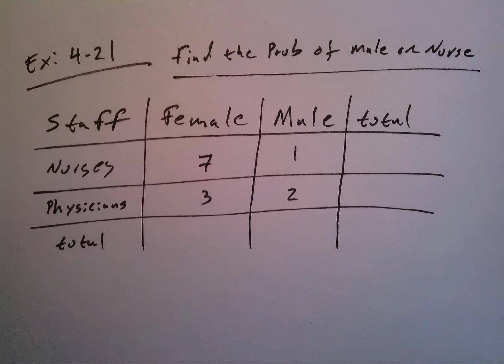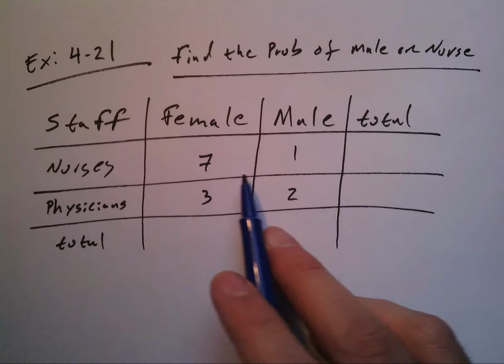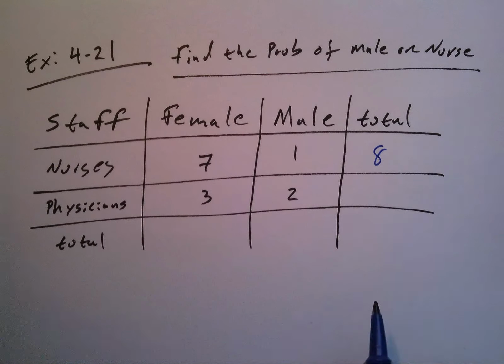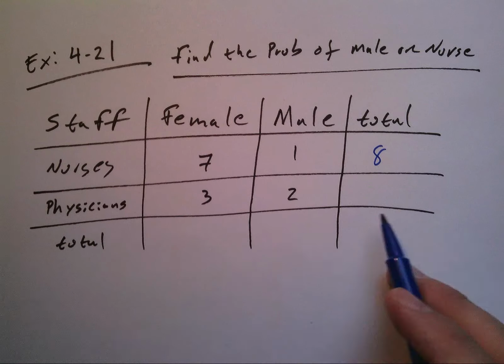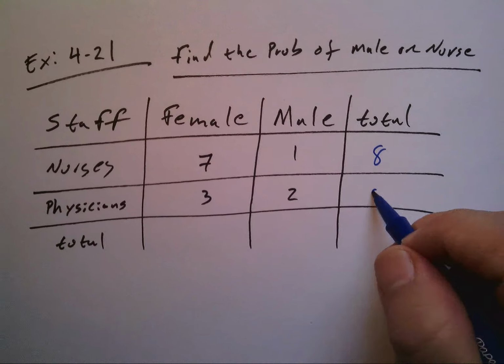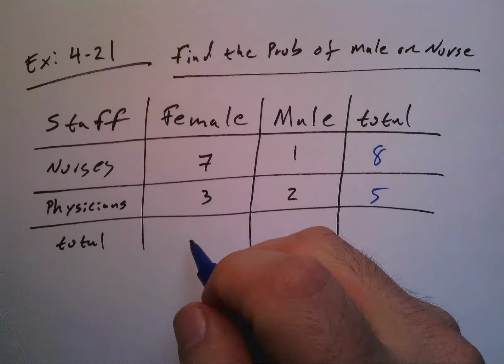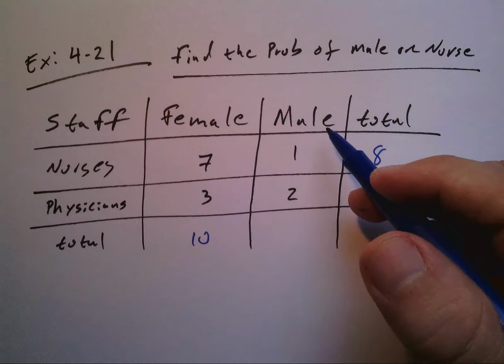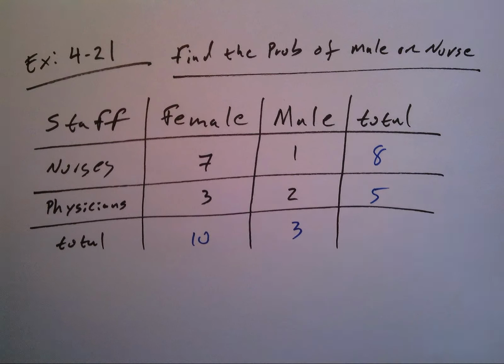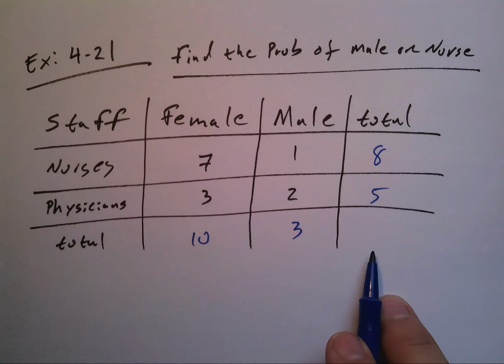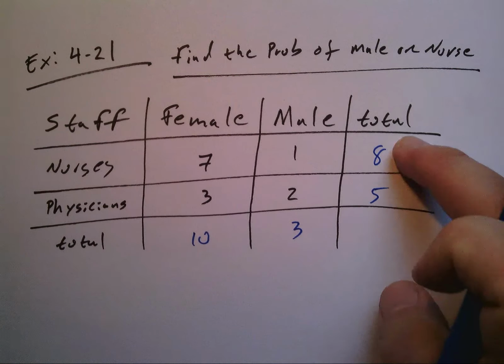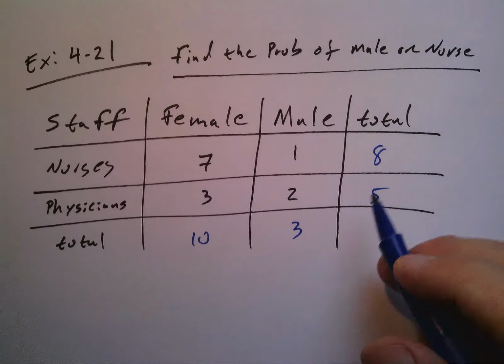So, how many nurses total as I go across my row? Well, there is 8. How many physicians total as I go across my row? I had 5. How many female staff did I have? 7 plus 3 is 10. How many male staff did I have? 1 plus 2 is 3. And my total for everything, 8 plus 5 is 13, or 10 plus 3 is 13.